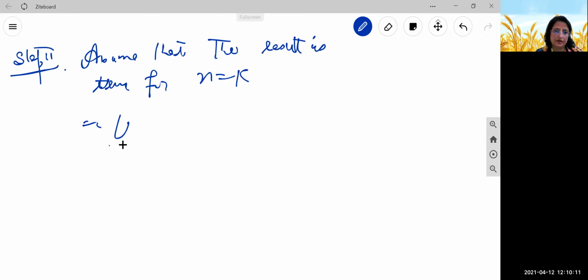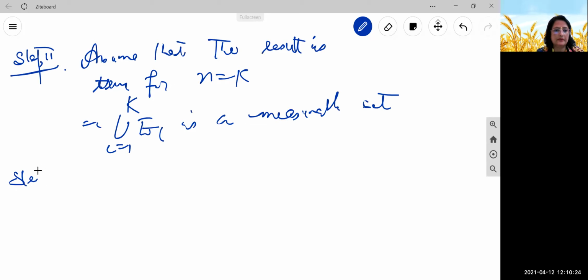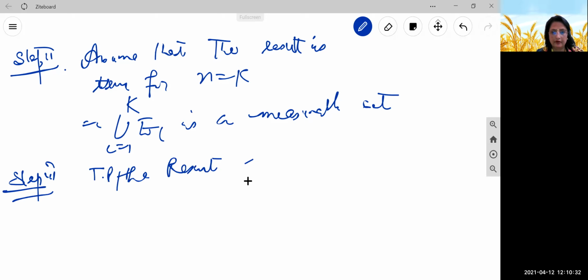It implies union i running from 1 to k, Ei is a measurable set. Right? Step number 3. To prove the result for n is equal to k plus 1.